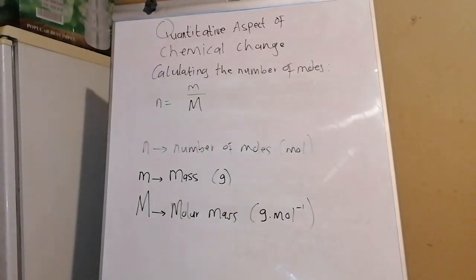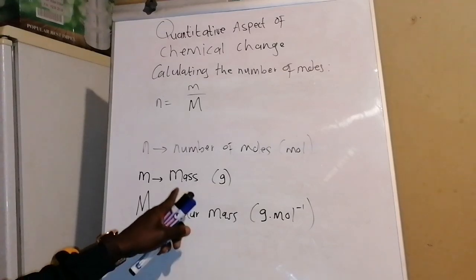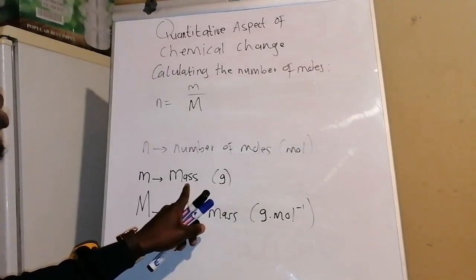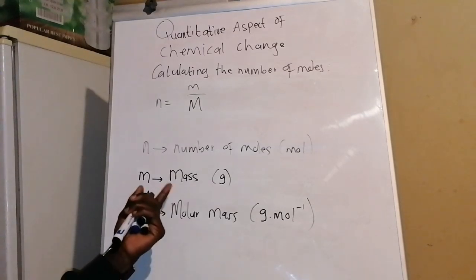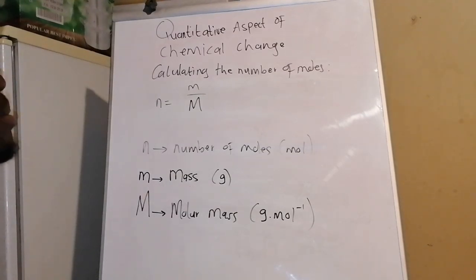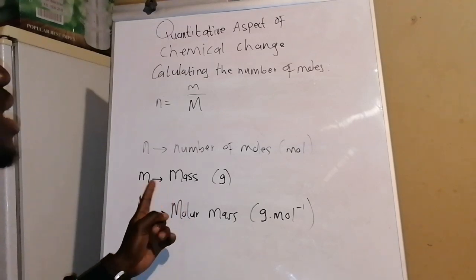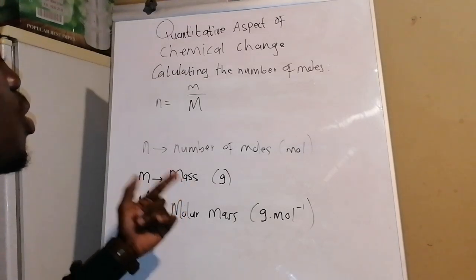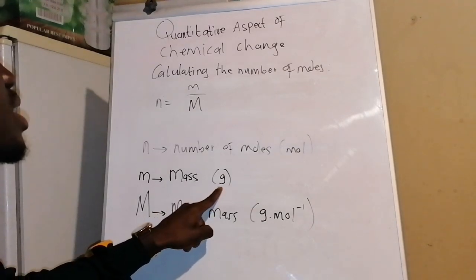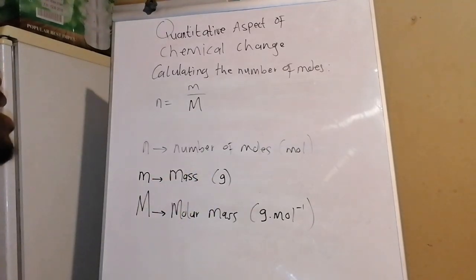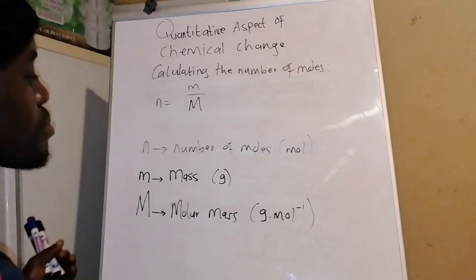They can give you the mass of that particular element in kg, but you know that the SI unit for mass in chemistry, in Paper 2 physical sciences, is grams. They can give you kilograms, so you need to know how to convert them.